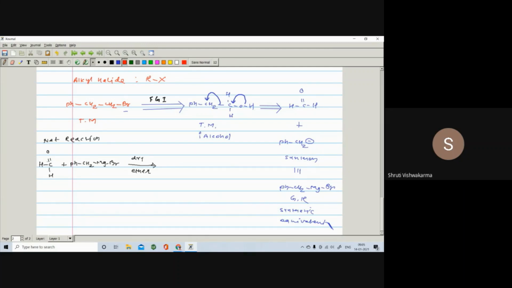Here the pi bond opens on oxygen, O negative, C positive. This sigma bond opens on the CH2, CH2 negative attacks the C positive, Mg positive attacks this O negative, and you get the corresponding magnesium complex. So the magnesium complex is H, here is O, Mg, Br, and here is the attack of CH2 and Ph.